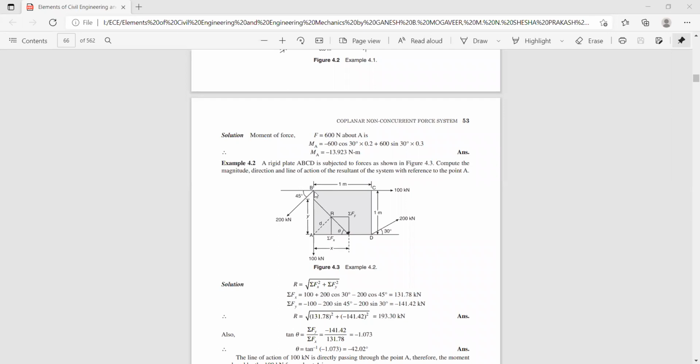The perpendicular distance is 1 meter from B to A, and since it is acting in this direction, it creates an anti-clockwise movement with respect to this point. So hence minus 200 cos 45 into 1.